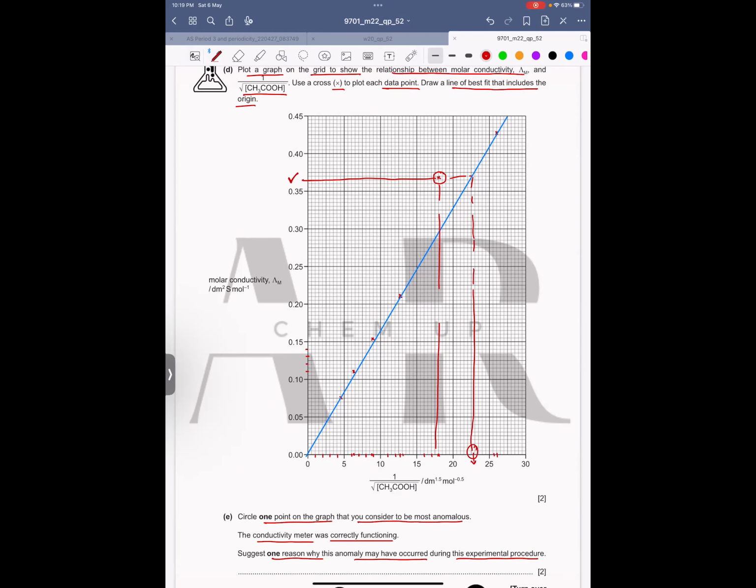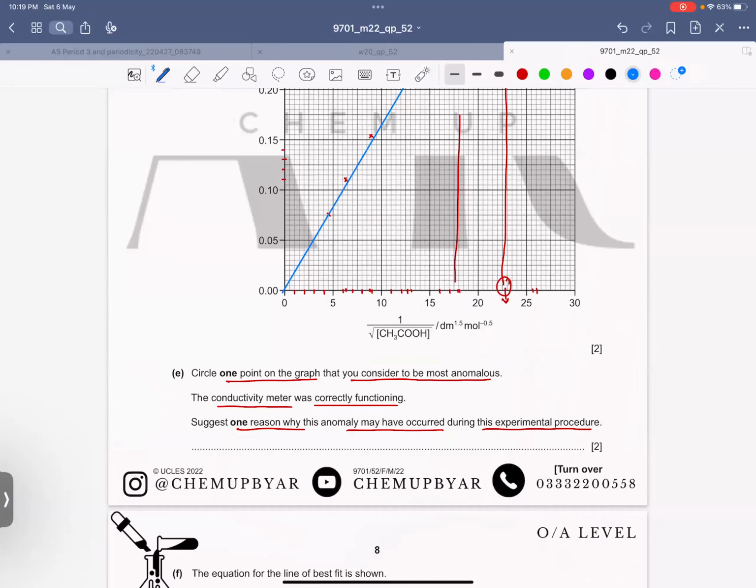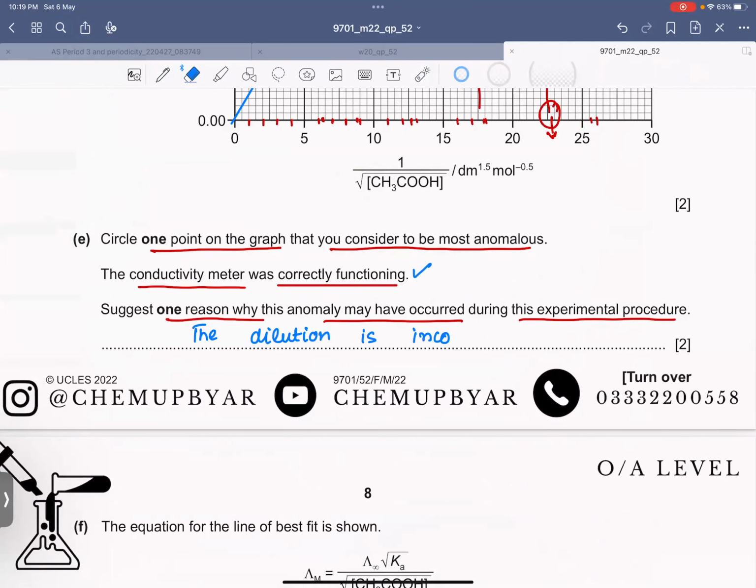So what I can conclude from this is that it is not diluted properly. The dilution is incorrect. Is this clear to everyone? And why have we concluded this? Because they have told us that the conductivity meter is working properly.